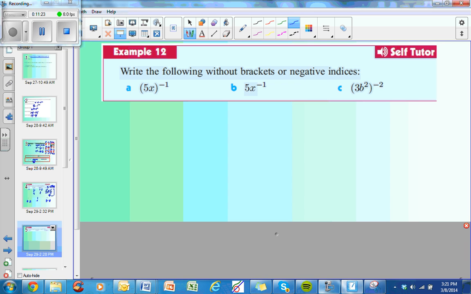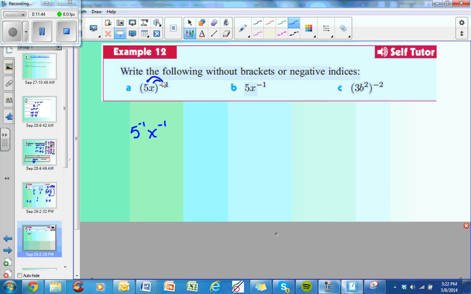Let's write these problems here without brackets or negative indices. So we have to distribute this negative here and here. And it's a power of negative 1, which means we don't have to multiply by anything. So I have 5 to the negative first over x to the negative first.